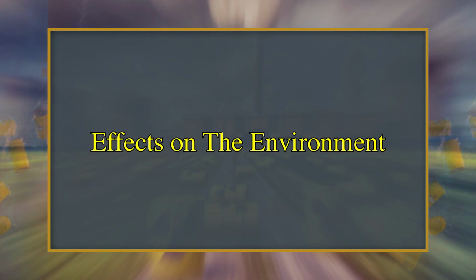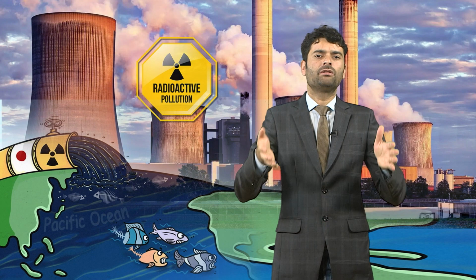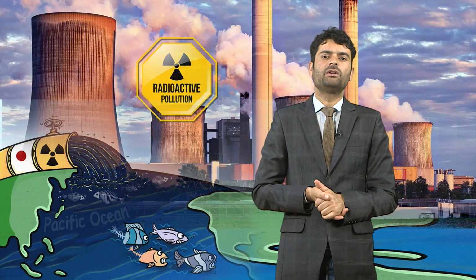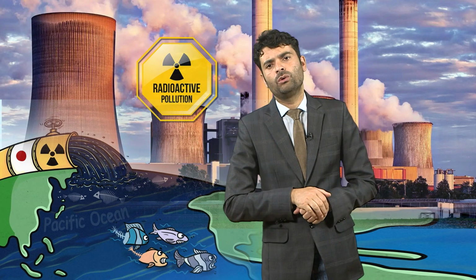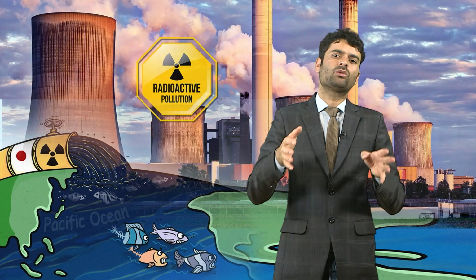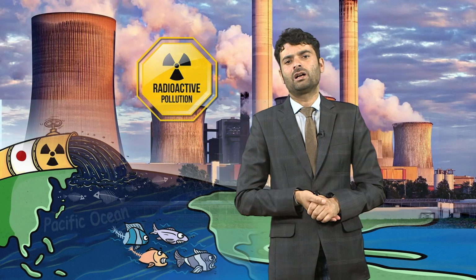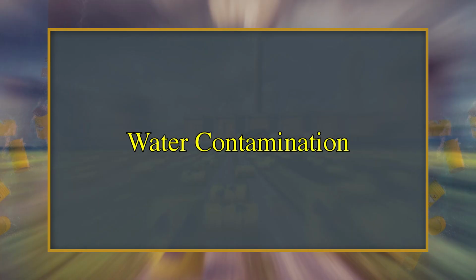Now, the effects on the environment. The environmental impact of nuclear power results from the nuclear fuel cycle, operation and the effects of accidents. The possibility of overheated fuel releasing massive quantities of fission products to the environment can cause catastrophic risks to the environment. First, the water contamination.